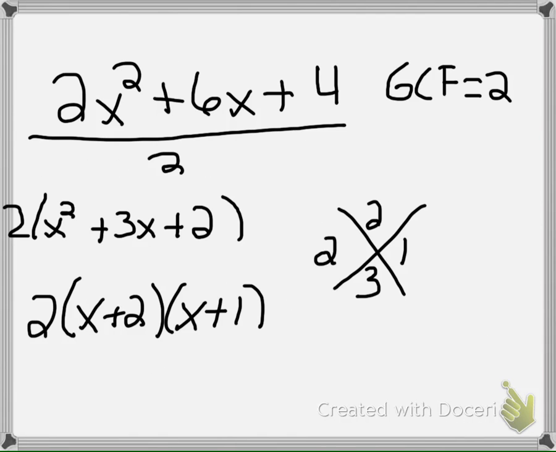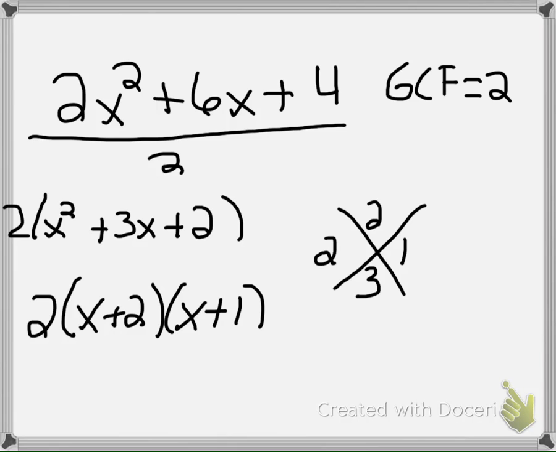Our next equation that you need to write down in your grid comp book is 2x squared plus 6x plus 4. Now on this equation, I'm going to first divide every term by 2 before I use my diamond to factor.